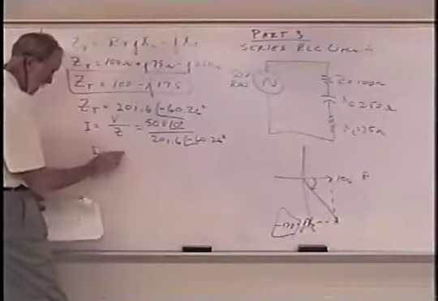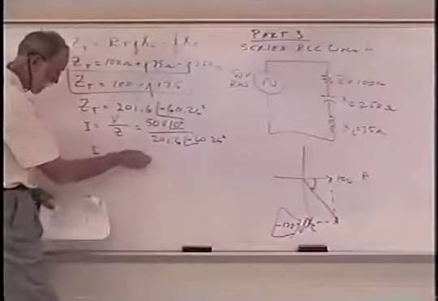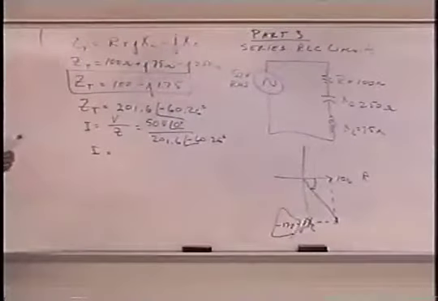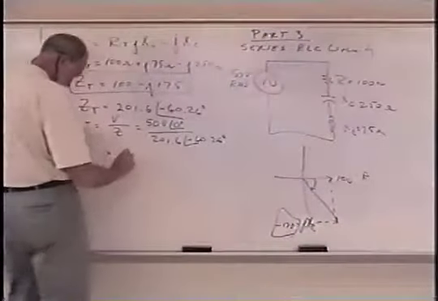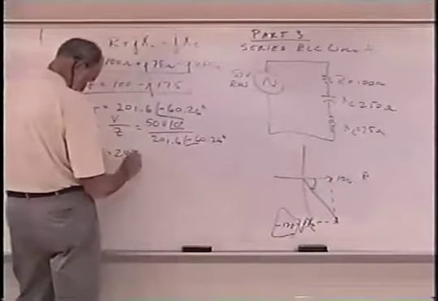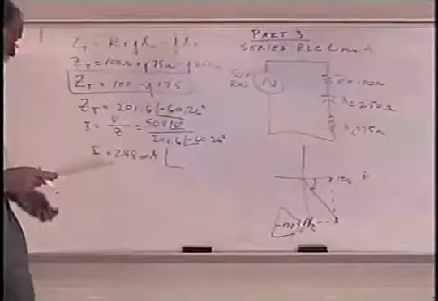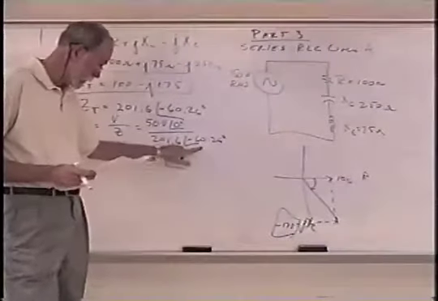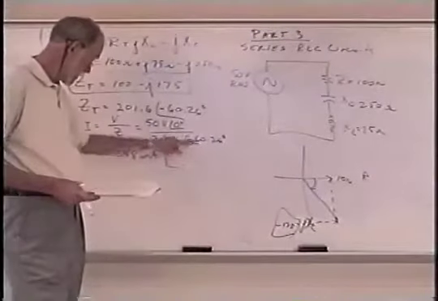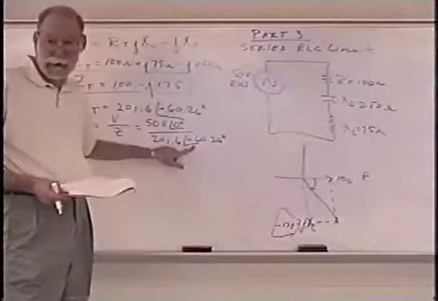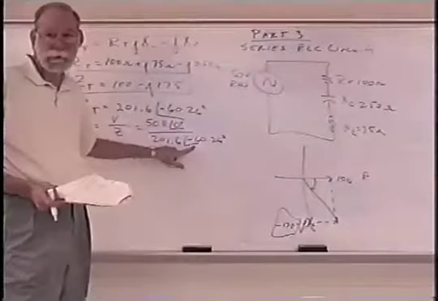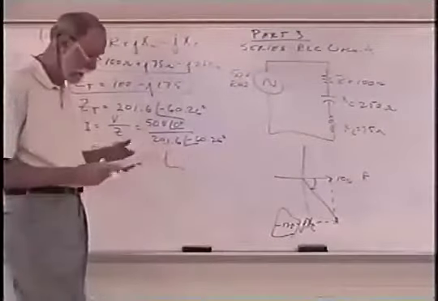So I is equal, we simply take the 50 and divide by 201.6 and we get 248 milliamps. And now we're going to subtract a negative 60 degrees from 0. When you subtract negative 60 from 0, you get a positive 60.